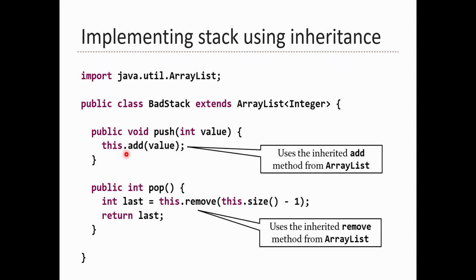So to implement push, I just write add value, and that's it, you're done. How do I remove an element from the end of the list? Well, list has a remove method. That means BadStack has a remove method. So I just call remove and remove the last element from the list. And that's it, you're done. Look, there's no fields, no constructors, there's nothing. There's just two methods, and you have a fully functioning stack.